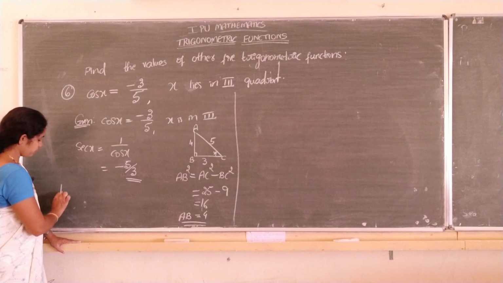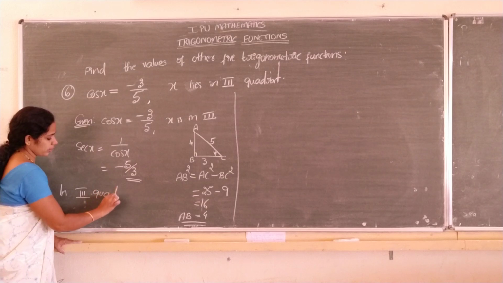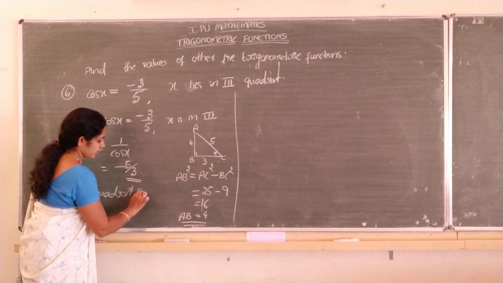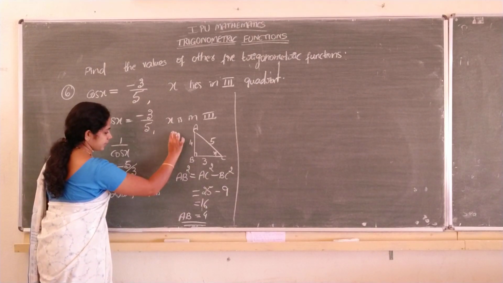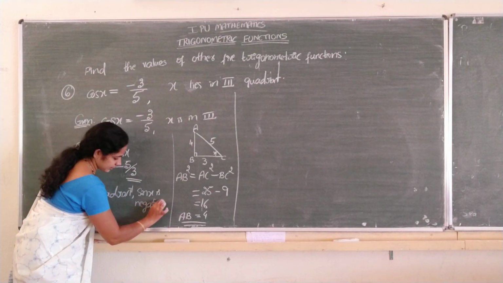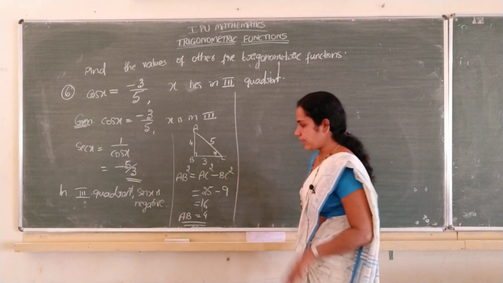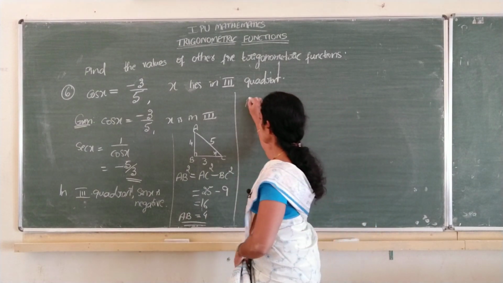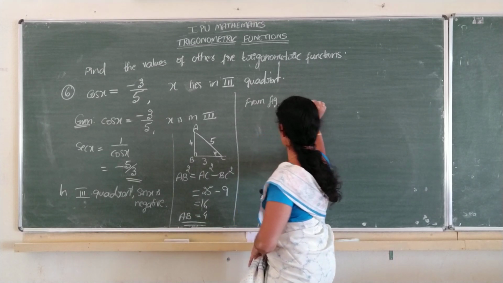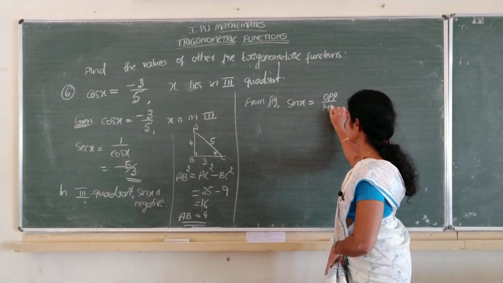Now in the third quadrant, what is the sign of sin x? In the third quadrant, sin x is negative, correct? Sin x is negative. So using the figure, write sin x. Sin x is opposite by hypotenuse.